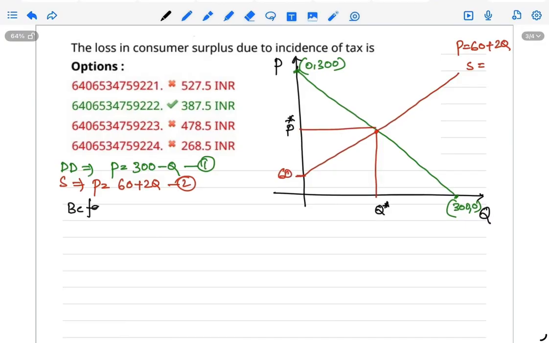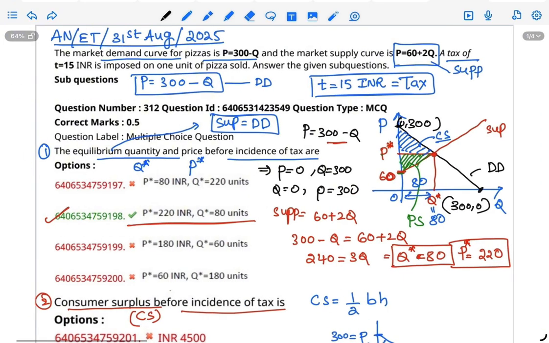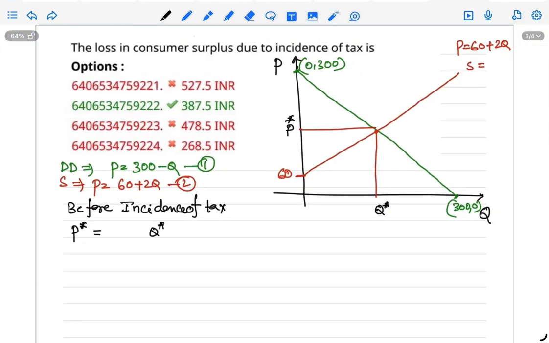Before incidence of tax, we already calculated Q star is 80 and P star is 220.